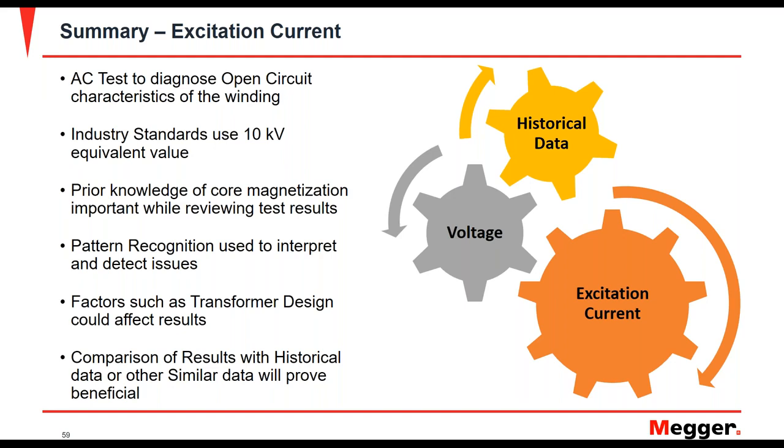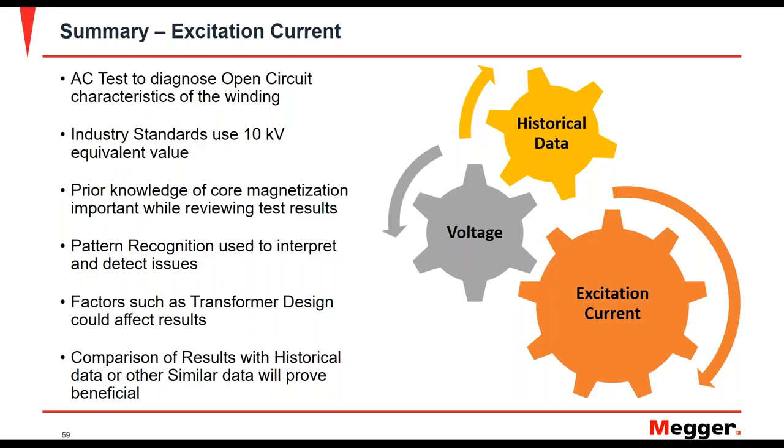Now, because magnetization is going to affect your excitation current readings, it's very important to have prior knowledge of the magnetization status of the transformer core. To analyze results of excitation current, pattern recognition is used to interpret and detect any issues. And there could be situations where transformer design could affect the excitation current pattern.